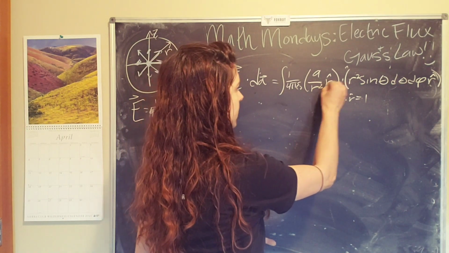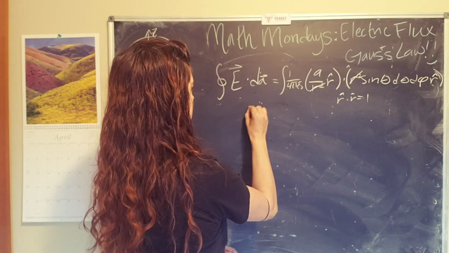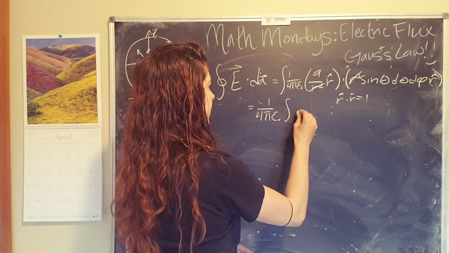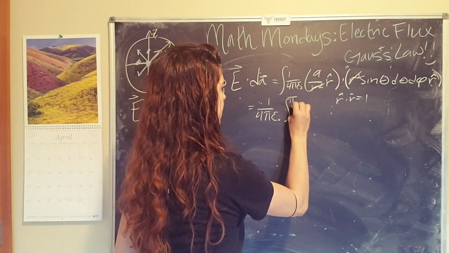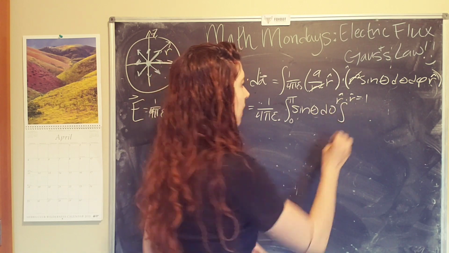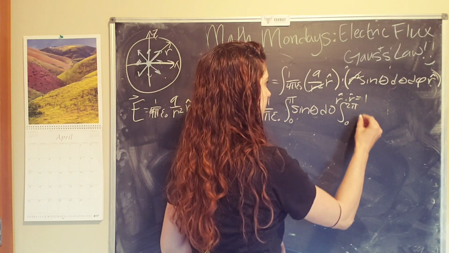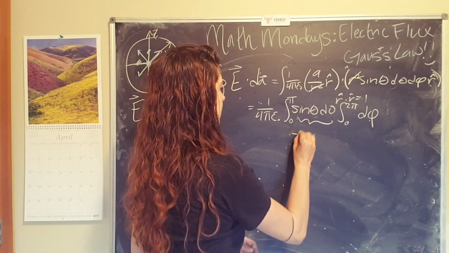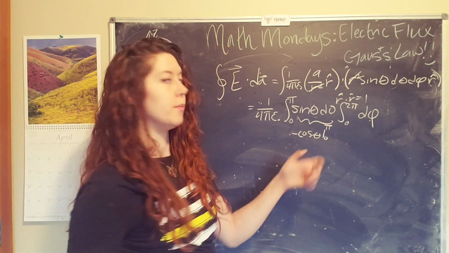And so basically these r hats go to 1, the r squareds cancel, and what we end up with is 1 over 4 pi epsilon naught times the integral where theta sweeps from 0 to pi, so we get a sine theta d theta, and phi sweeps from 0 to 2 pi, so from 0 to 2 pi of just a d phi. This gives us negative cosine theta from 0 to pi.